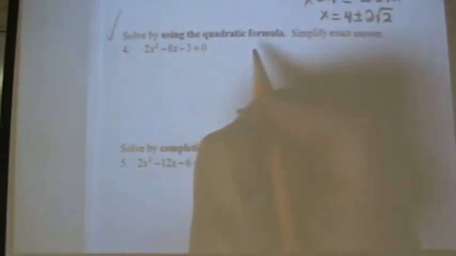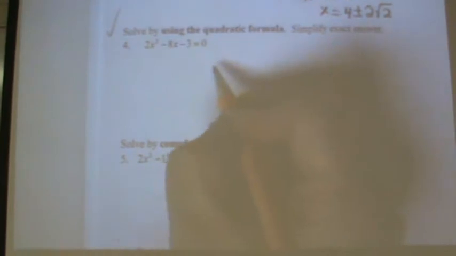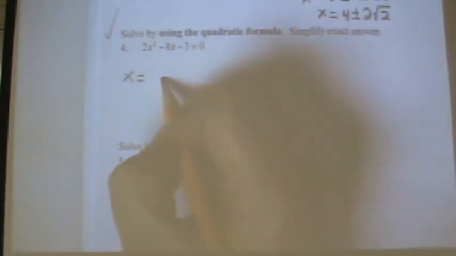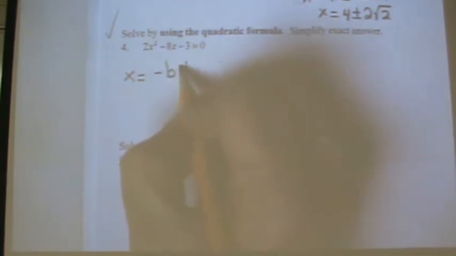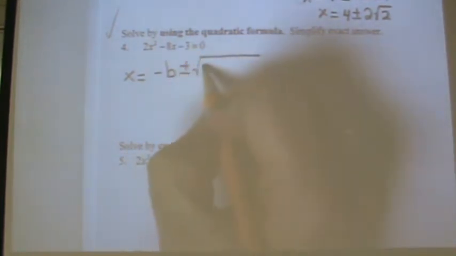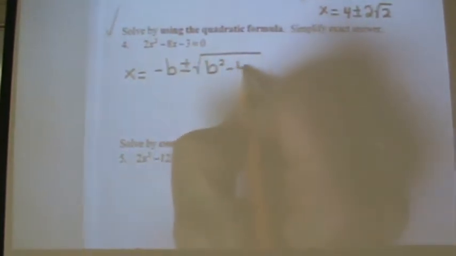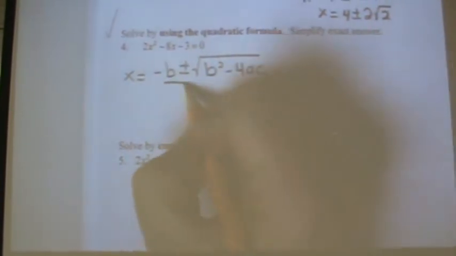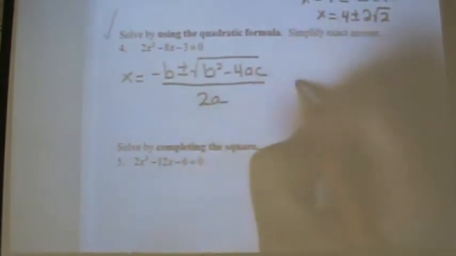If you were to use completing the square, you would divide everything by 2. If you were to do the quadratic formula, what is the quadratic formula? It's the opposite of b plus or minus the square root of b squared minus 4ac, all over 2a.